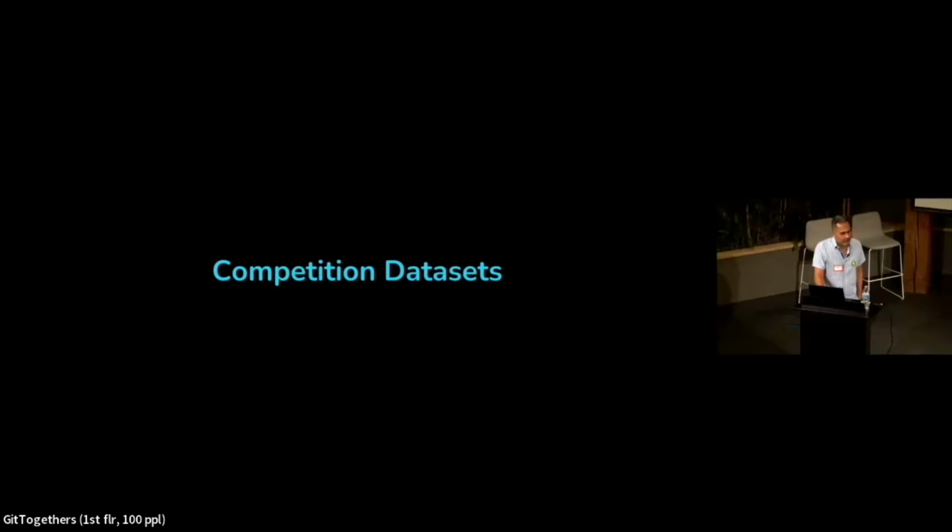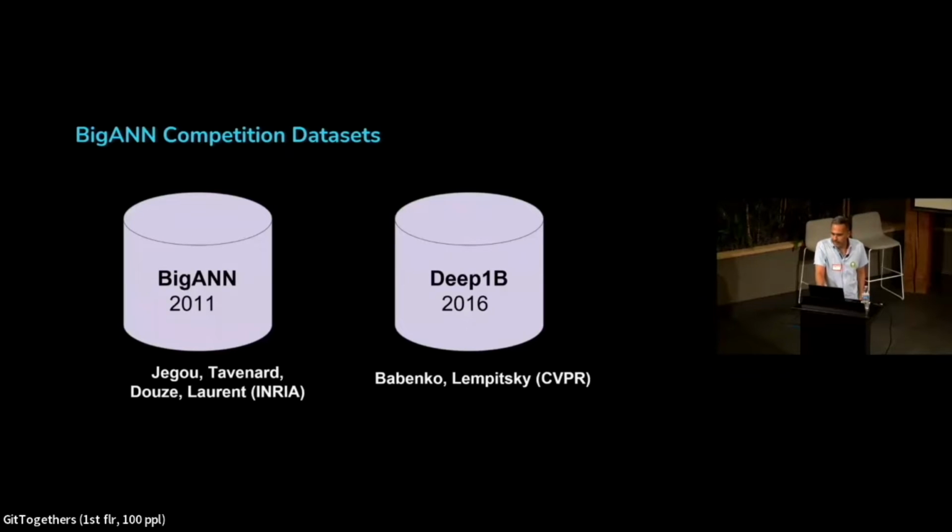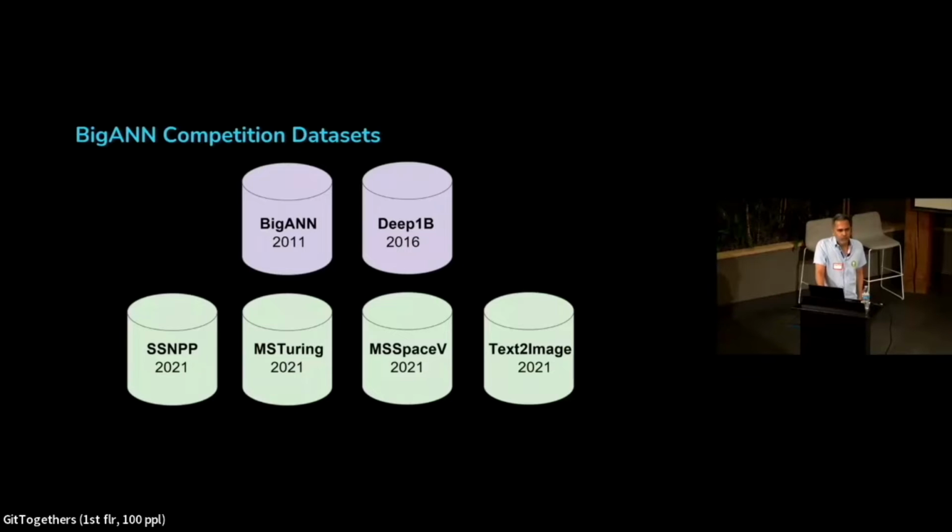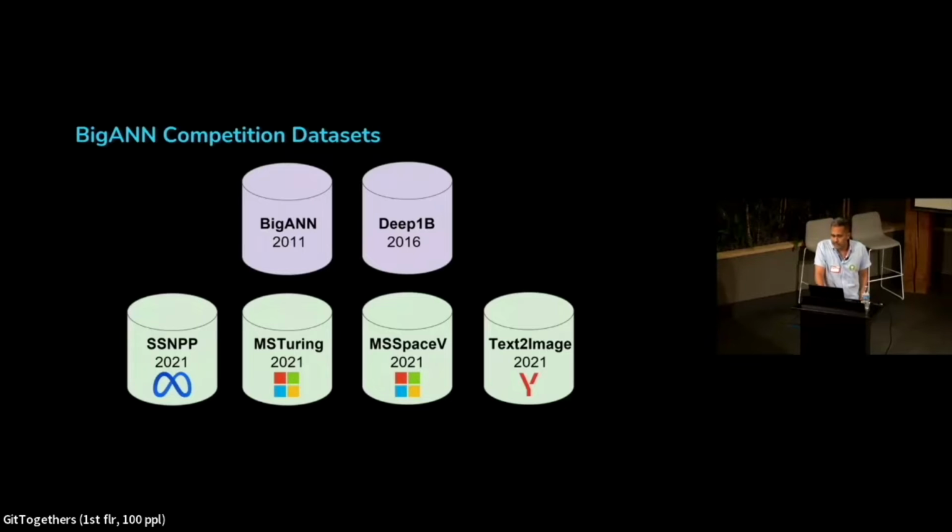So a little bit about the competition data sets. I think you're probably familiar with these two, Big ANN and Deep 1B. They've been staples in the academic community for at least a decade. We added four new data sets. And these were contributed by the hyperscalers who helped organize the competition, Meta, Microsoft, and Yandex.